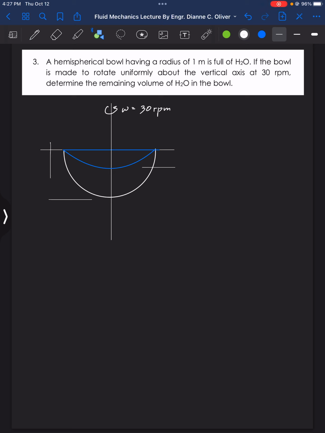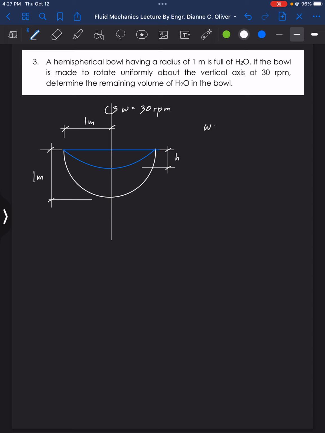Of course we know the radius here is 1 meter, and the height of the paraboloid is missing.